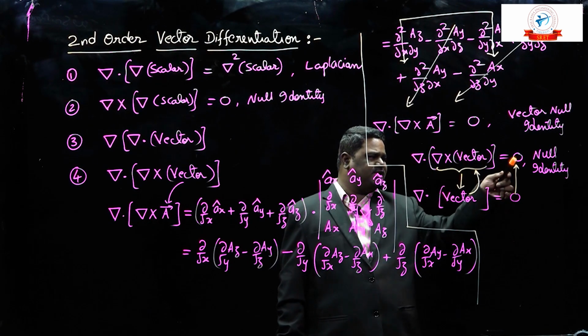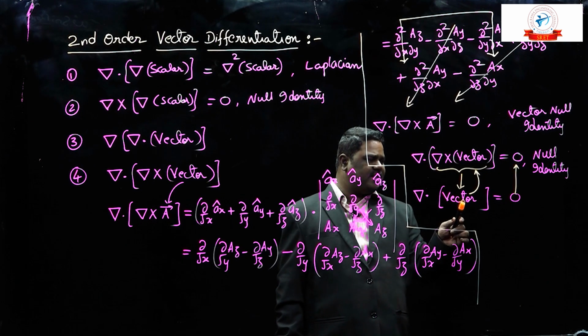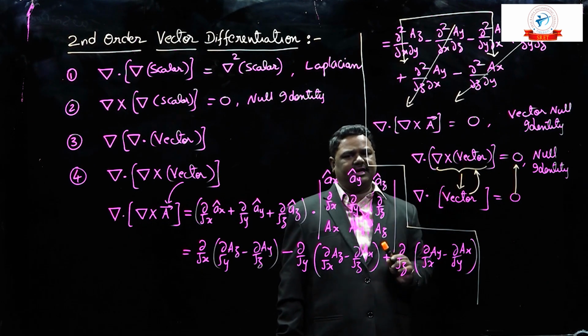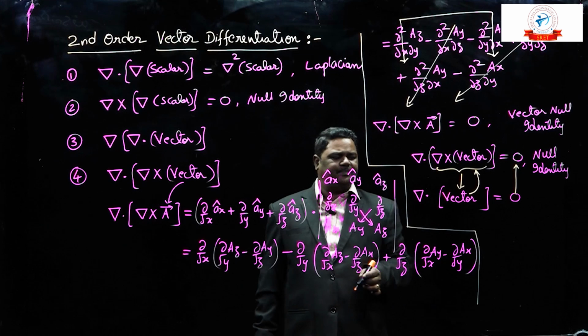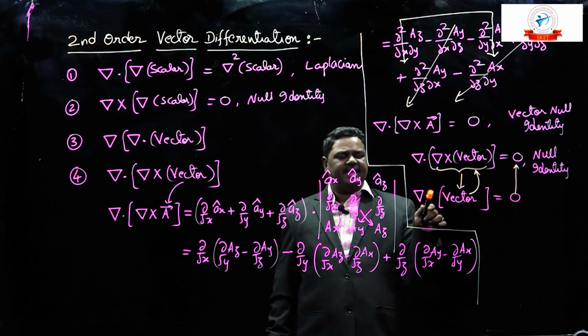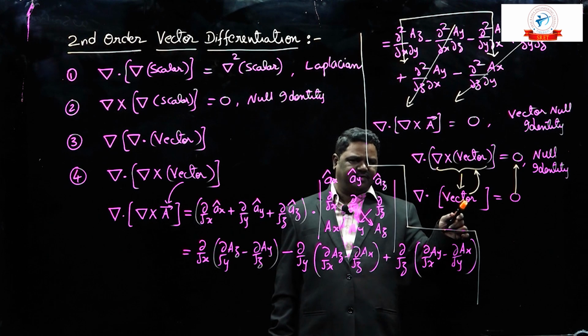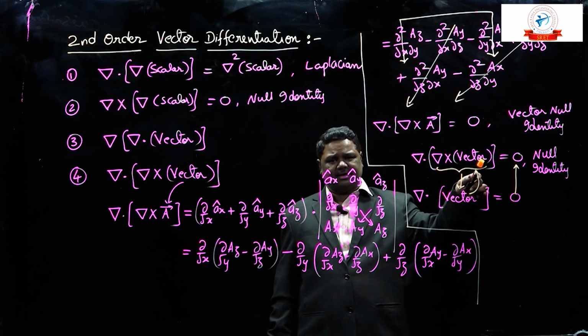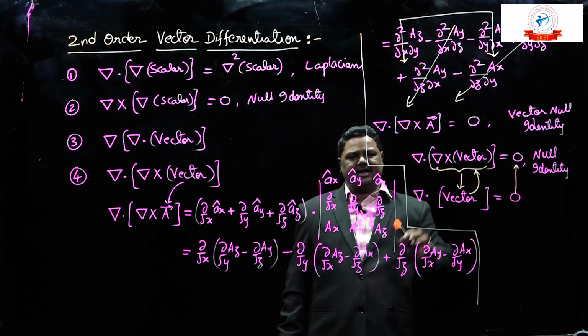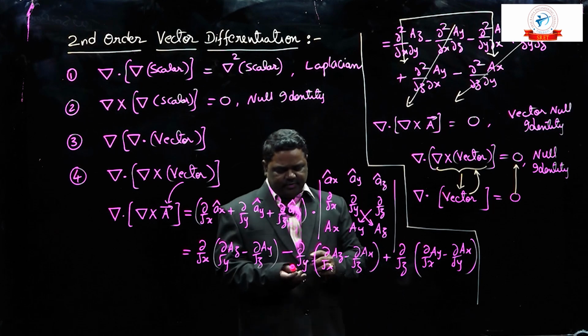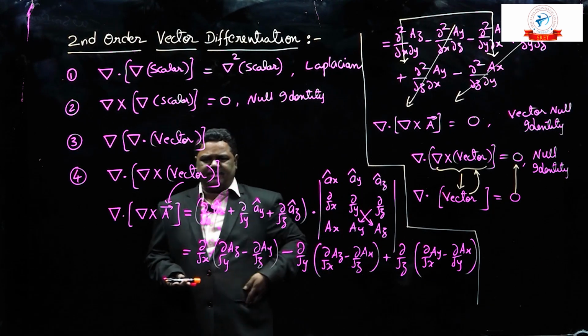So the statement will be: if divergence of any vector is 0, then the vector can be replaced with curl of another vector according to null identity. So this is the fourth valid second order differentiation.